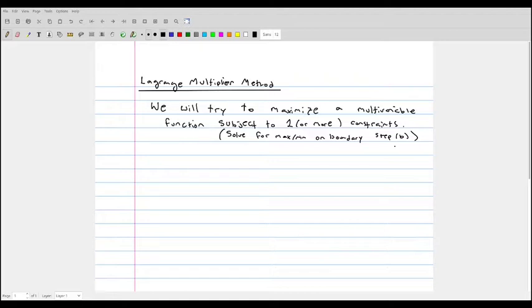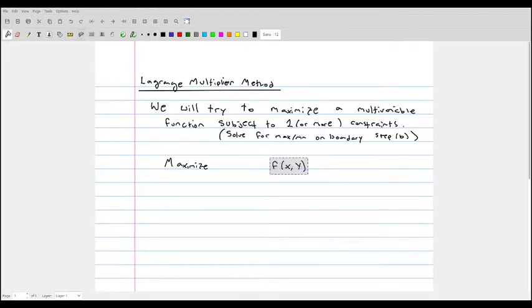So what we'll focus on in this lecture is just maximizing a function of two variables, or I guess we should probably say optimize instead of maximize, because really this procedure will give us both the maximum and the minimum.